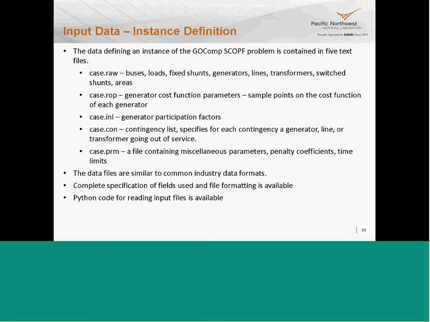And there's one last file, and that contains various parameters that you'll also need. Penalty coefficients, indicators of what sort of time limit you should be working towards. All of these data files are similar to formats that are common in industry, except I suppose for this last one, which we made up. We will be providing a complete specification of all of the fields that we're using in each of these files.